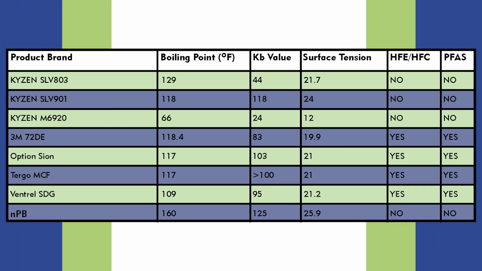A higher Kb value means the solvent is more aggressive or active in the ability to dissolve certain materials. Conditions affecting the calculated Kb value include the amount of soil applied to the parts being cleaned, temperature, and bath agitation. A good place to start is with a replacement solvent with a Kb value similar to your current solvent.